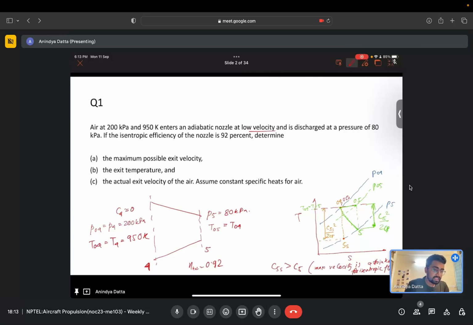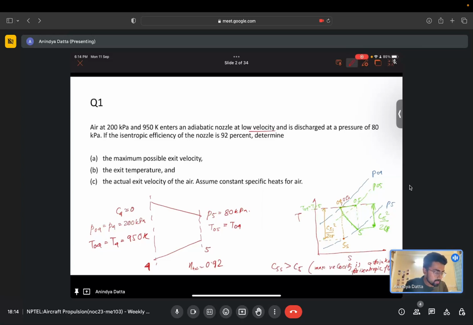So the higher the nozzle velocity, the higher the thrust. The maximum possible exit velocity can be achieved if we operate the nozzle under isentropic condition, but that is really not possible. So we should try to keep the flow as close to isentropic as possible.